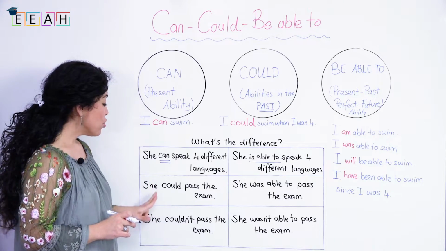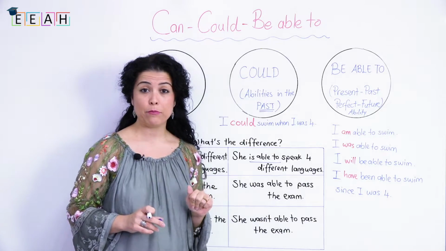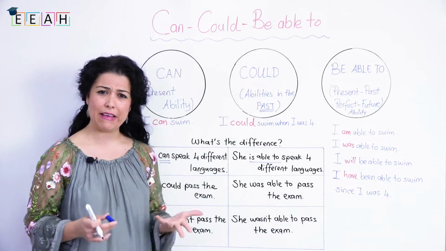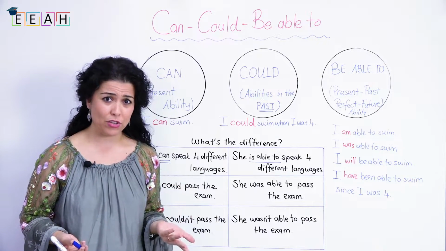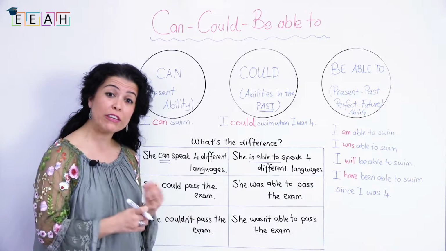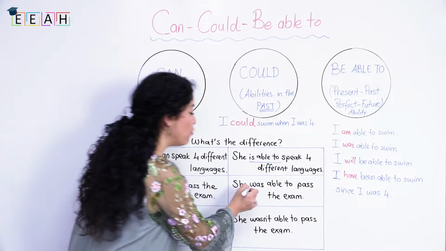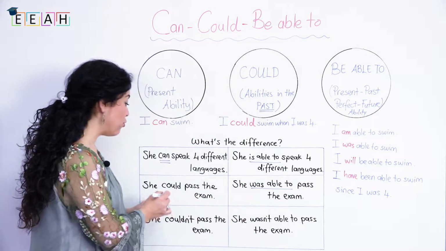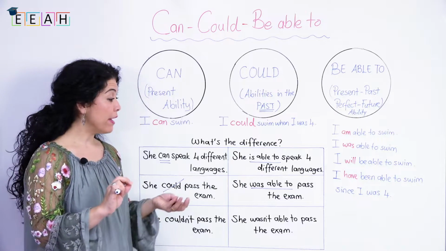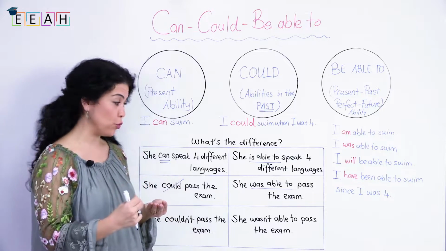Next one, she could pass the exam. She was able to pass the exam. So here the verb is pass. Pass an exam. This is not about ability, right? You try hard, you work for it, you study for an exam. So here we need to say was able to instead of could, because here we are referring to a past success, something you managed to do, right?